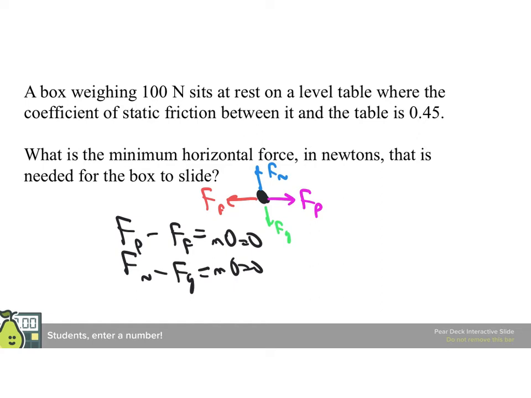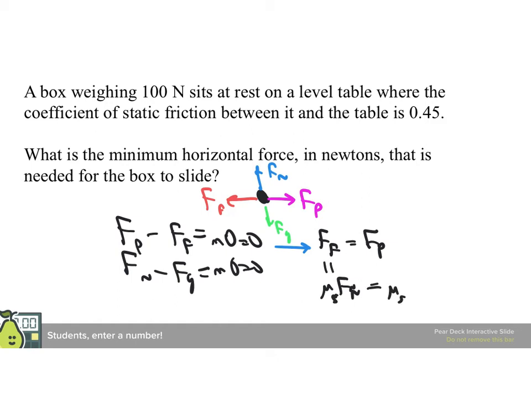So we can turn this into saying FF is FP, and we know that FF is mu Fn. And if we want the maximum force we can push without it sliding, which is just less than the minimum that will cause the slide, then we need the maximum value, so we can put that equal sign there.